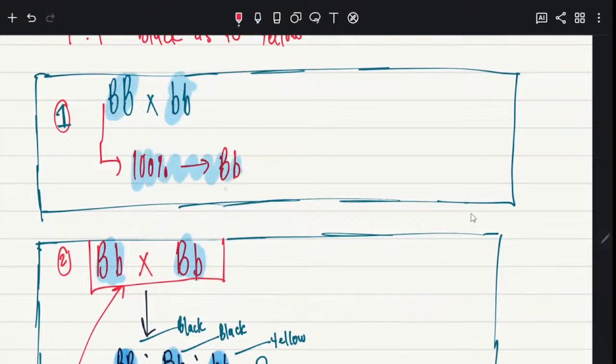The only possible combination, the only answer you always get is heterozygotes. If both parents are homozygous like this and one is dominant, the other one is recessive, all the kids will be heterozygotes.